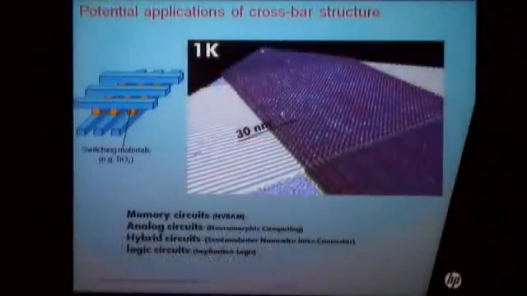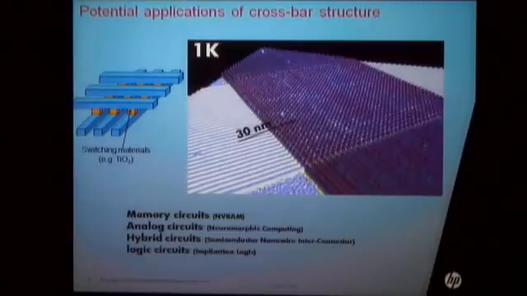The obvious one is non-volatile RAM, and the resistance change of the device is continuous from a low resistance to a high resistance value. So that's why it can also be used for analog circuits, such as neuromorphic computing. There are two more new application demonstrations, called the hybrid circuit and the logic circuit, recently. I'm going to talk about these two applications in the next few slides.